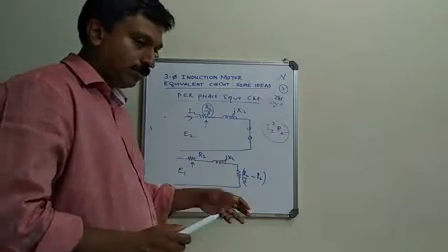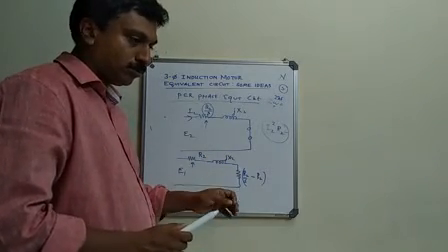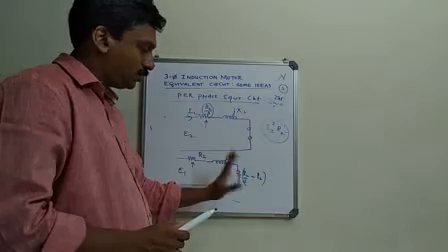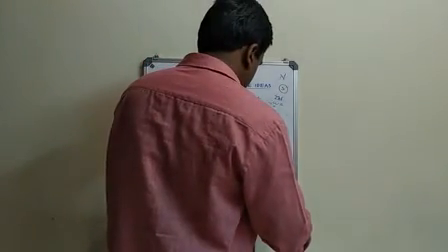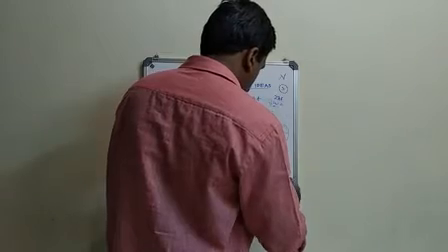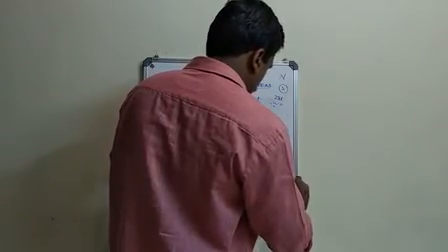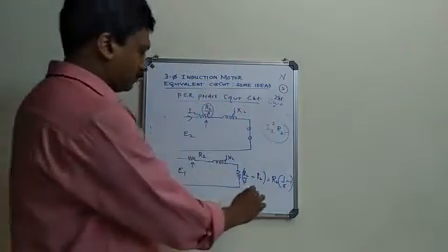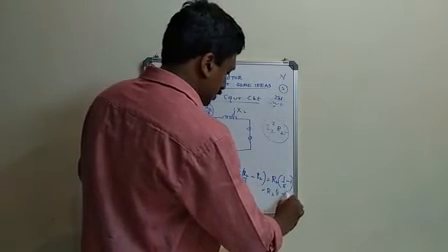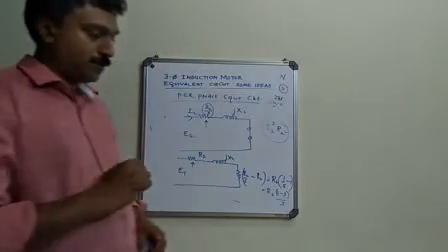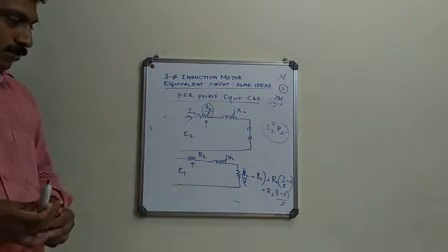That includes everything: the loss, the load torque, everything. So you can say this is equal to R2 into 1 by S minus 1, or equal to R2 into 1 minus S by S.